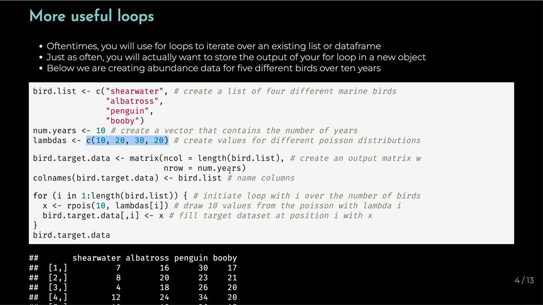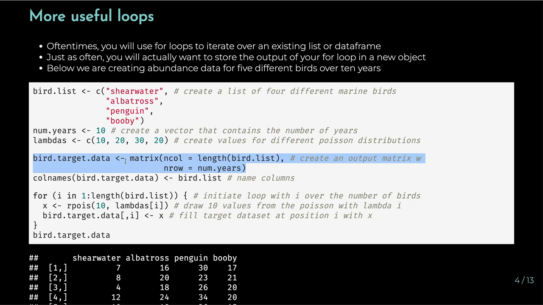Okay, and then the other thing I am doing is I'm creating a target data frame, or in this case, a target matrix. This is so I can store each output from the loop in an element where it actually will persist and not be overridden by the next iteration.